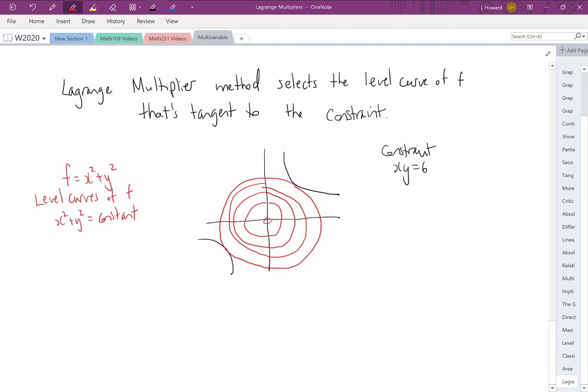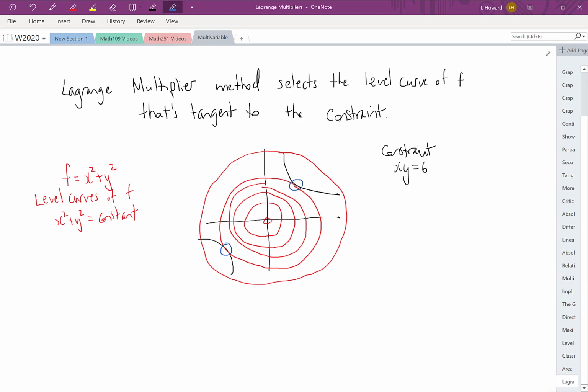You could even imagine having bigger circles out here that overshoot the constraint. So there's a special place where the level curve of f is tangent to our constraint, and geometrically those points of tangency correspond to the solution to the problem. So that's geometrically what's happening.